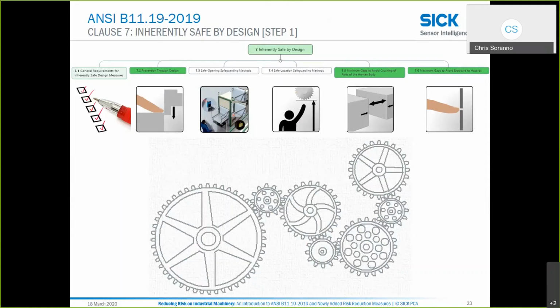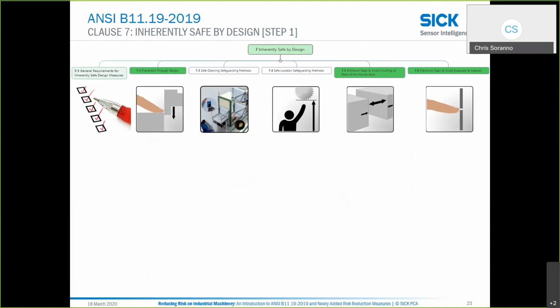So within Clause 7, we address inherently safe by design. Again, Clause 7.1 on the left over here shows the general requirements. One of the new elements added to the first step of risk reduction was prevention through design. So what types of design measures or the methodology to apply design measures to the machine that will simply eliminate the hazard altogether.